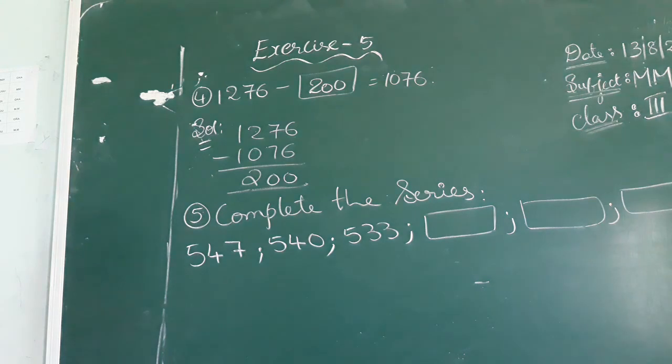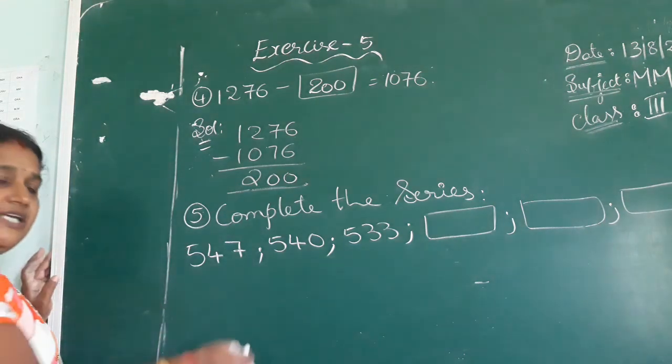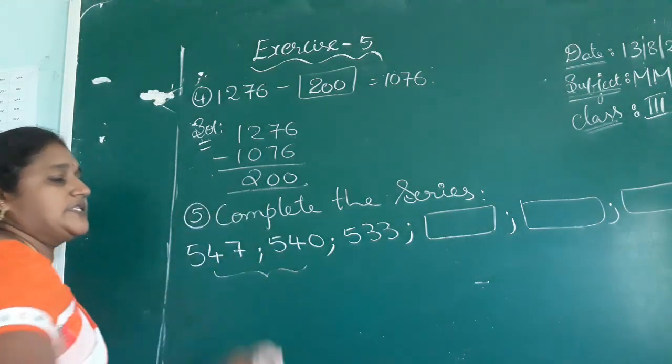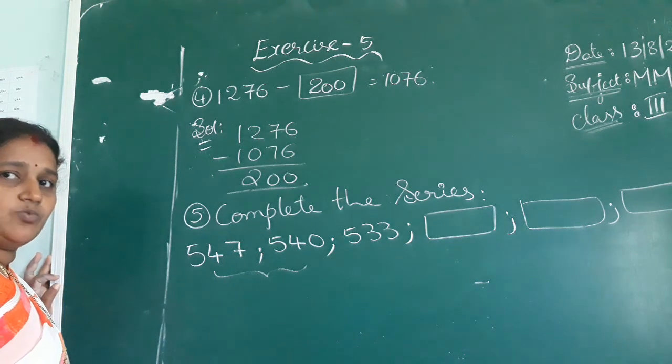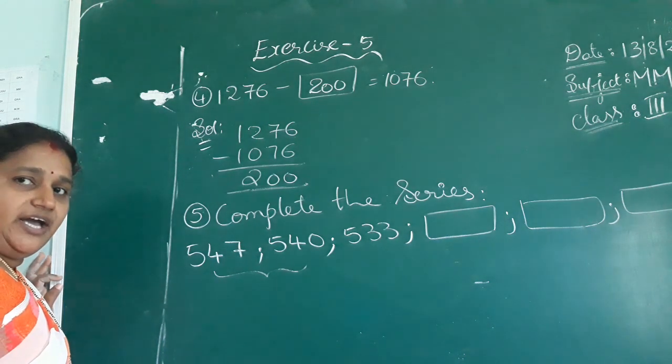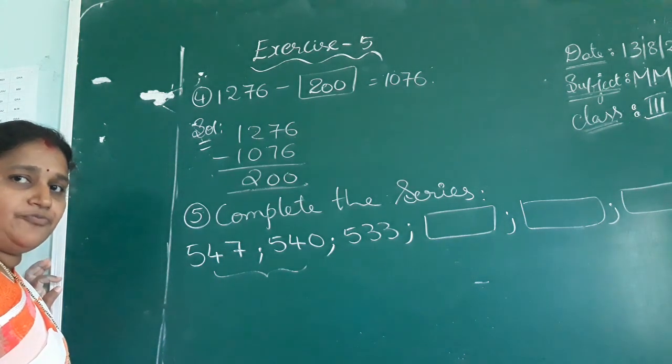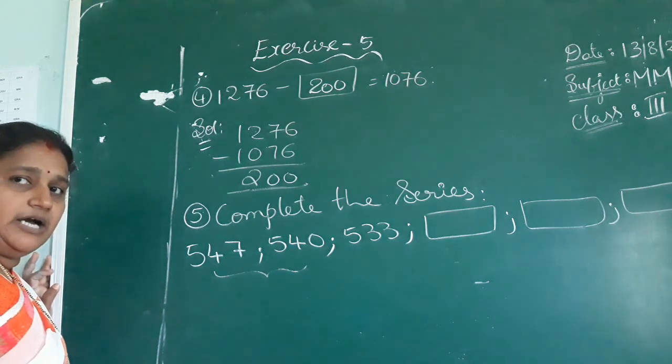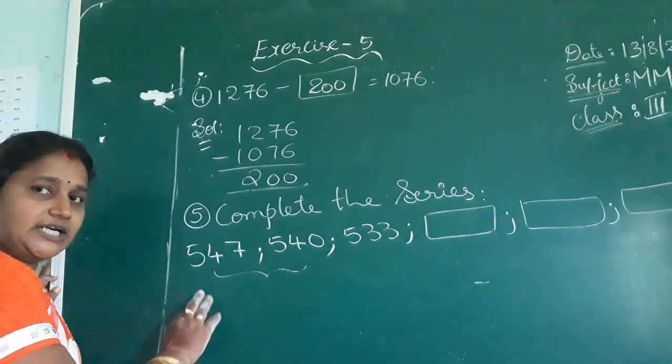See, if you observe the first two numbers, what is the difference between 547 and 540? How can we find the difference? By subtracting the two numbers.